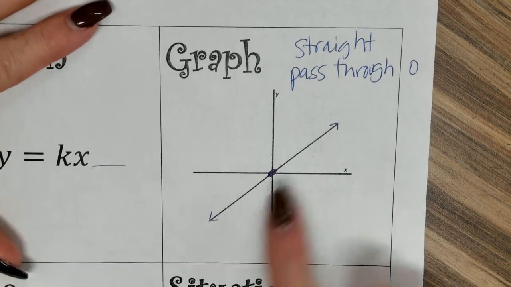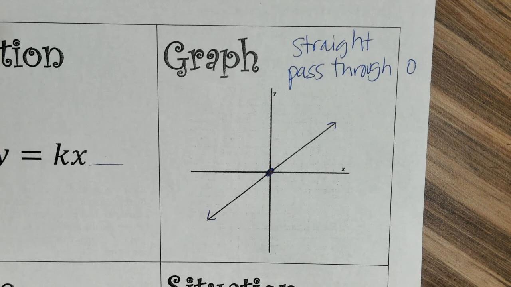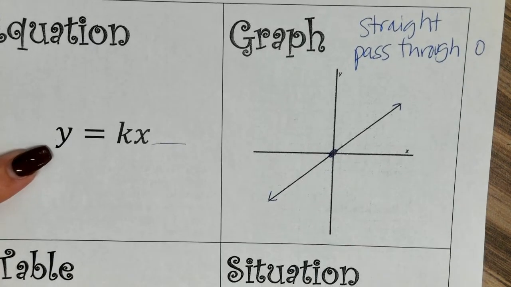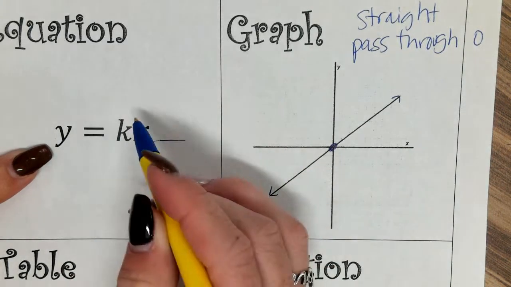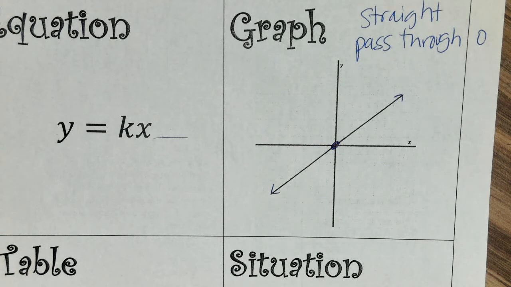Yeah, that's an example of a straight line. To be proportional, it has to be a straight line and it has to pass through 0. So you should be able to look at any graph and tell me if it's proportional or not just by looking at it. In an equation, it has to have a number times x but no plus b.